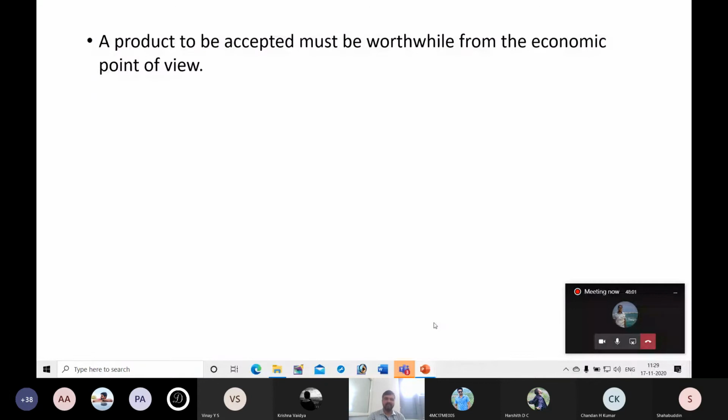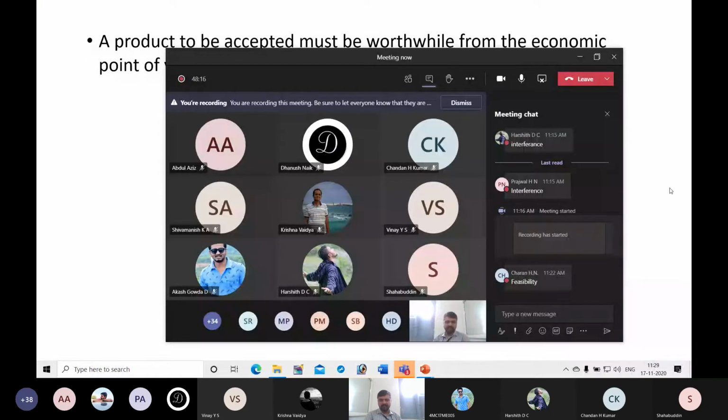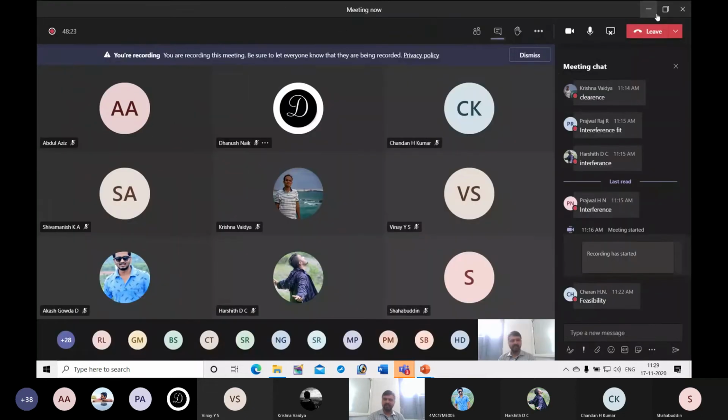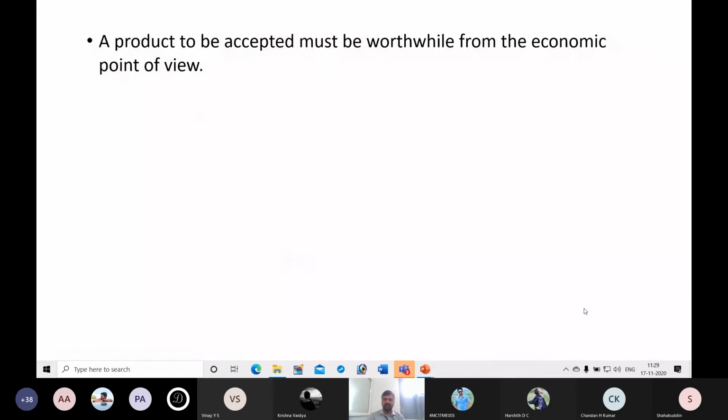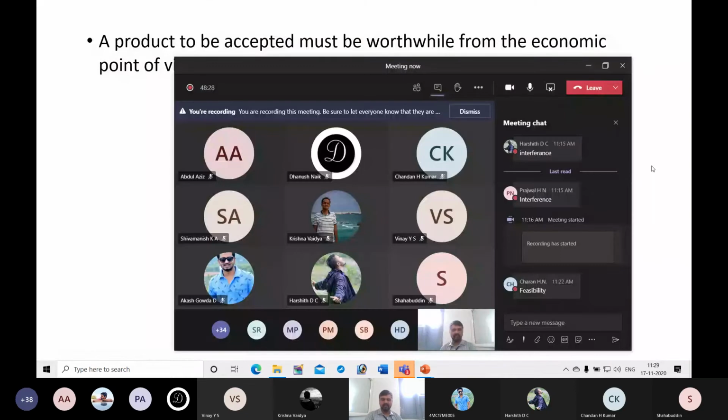Next, a product to be accepted must be worthwhile from the economic point of view. If you consider any product and you are evaluating in terms of its economic worth, there are two possibilities: economic worth from the point of view of the user or consumer of the product, and the economic aspect from the point of view of the manufacturer of the company.